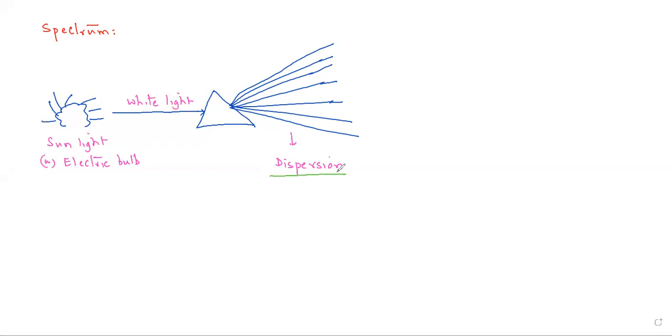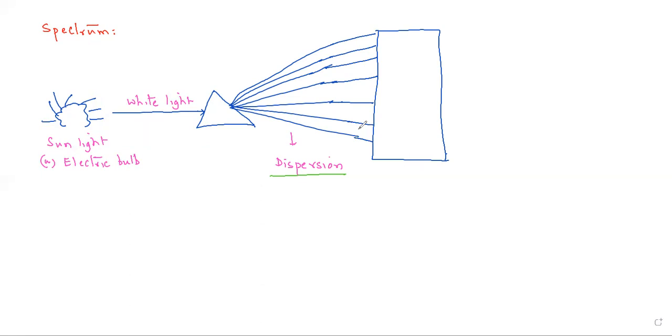Now, when this dispersed light is allowed to fall on a photographic plate, you know, these lines spread side by side without any gap between them.